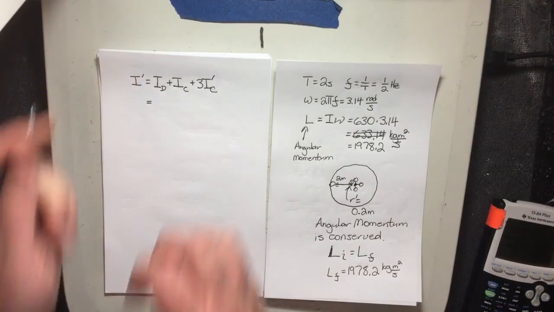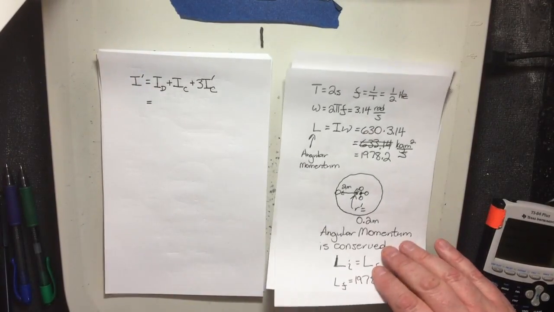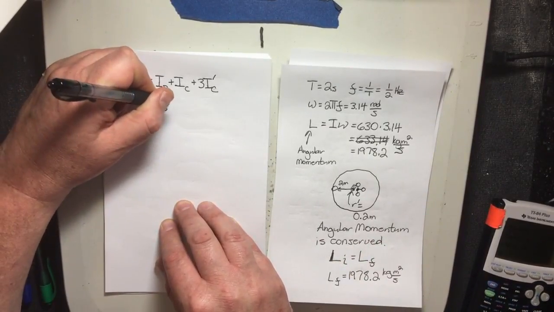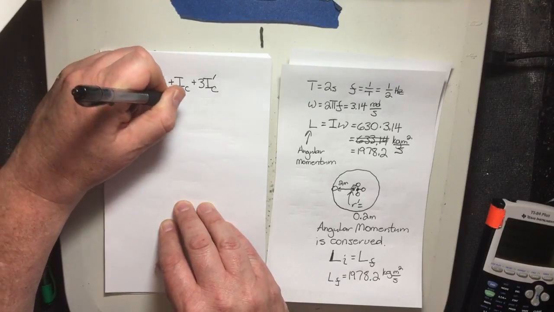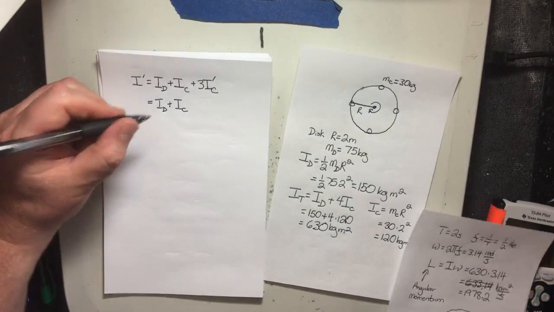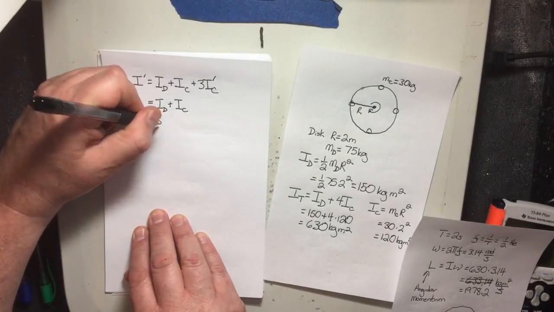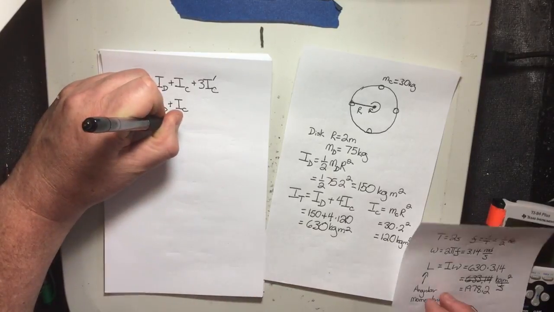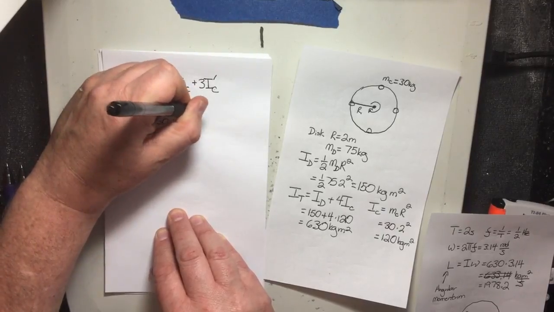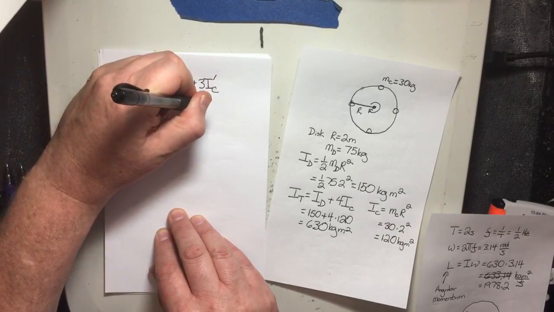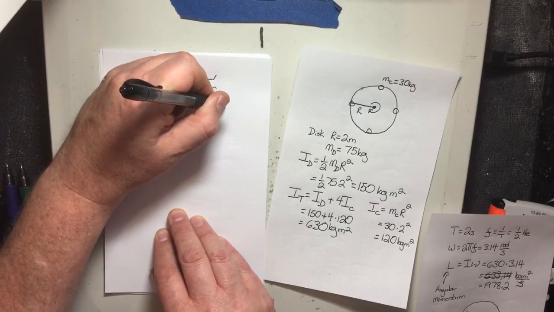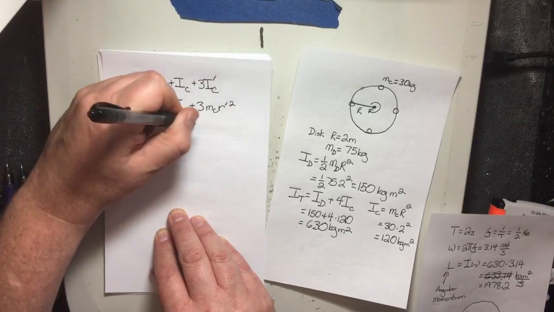So the moment of inertia of the disk doesn't change. So it's whatever that number is. The moment of inertia of that first child doesn't change either. So this will be 150. This will be 120. And then 3 times the mass of the child, new R squared.